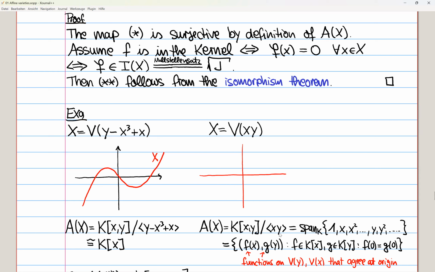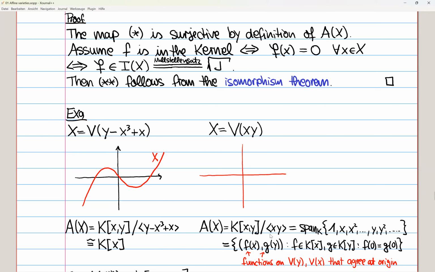And you can just check by hand that if a function satisfies that some power is divisible by x times y, then also the original function must be divisible by x times y. So the radical doesn't change anything.